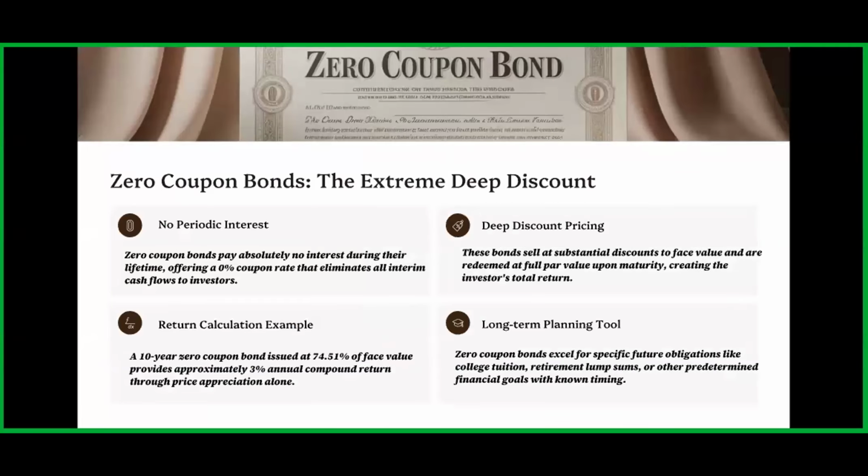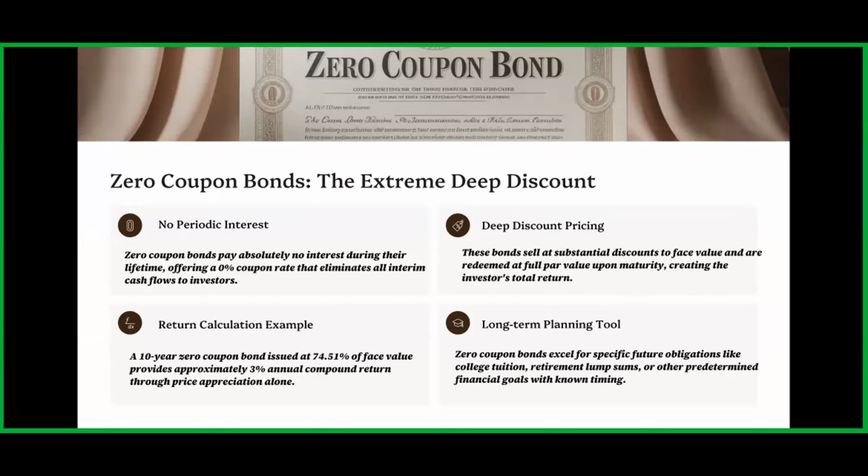Now we have understood the floating rate notes, that is the floating rate bonds, and the deep discount bond. Now, what is meant by a zero coupon bond? In the name itself, zero coupon, that means once you purchase such a bond, you will not receive any coupon in between till the maturity period.